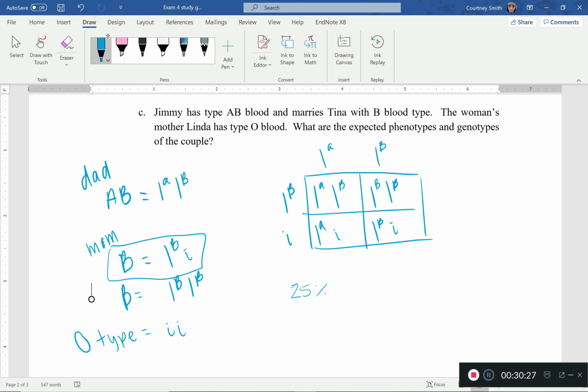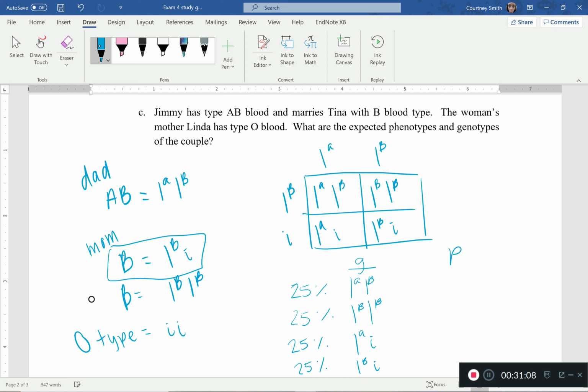of having the genotype being this one, and then you have a 25% chance of genotype being this. Sorry guys, I keep messing up on my letters. So, in this case, you have a 25% chance of being the following genotypes.